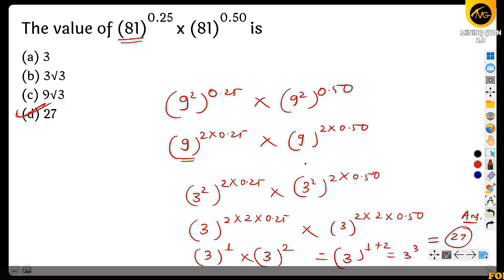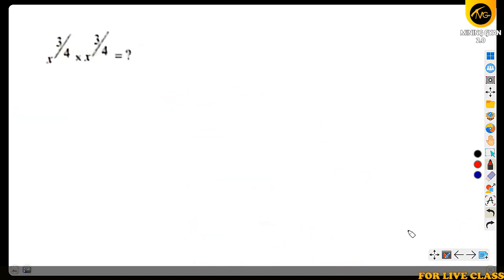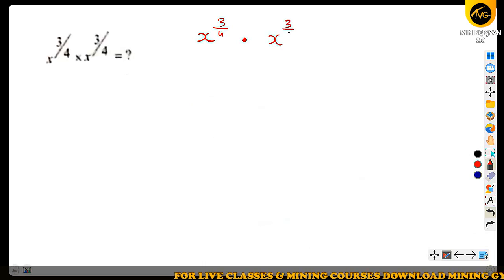Now the next question is, I hope you all can see that. This is x power 3 divided by 4 and multiply x power 3 divided by 4.